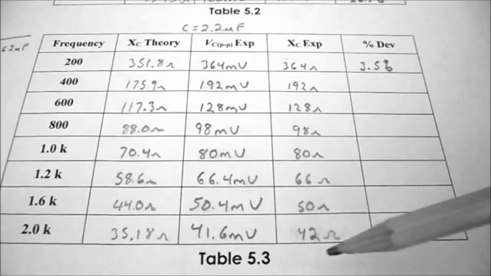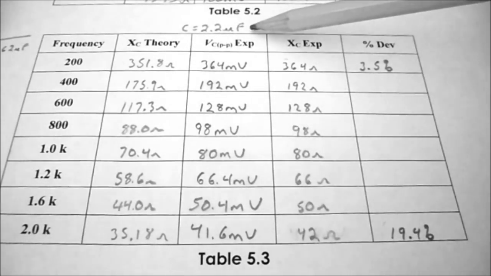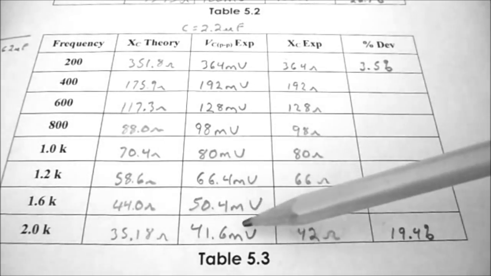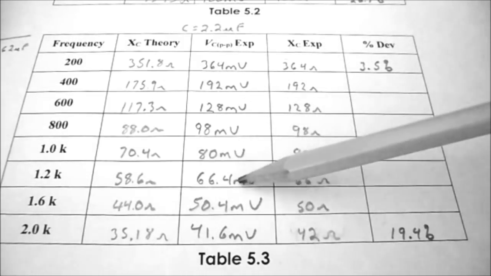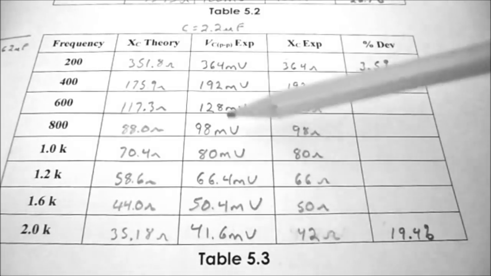I wanted to show you my results for table 5.3. This is with the capacitor at 2.2 microfarads. I've taken all my voltage readings across the capacitor, and you can see as the frequency increased, the amount of voltage drop on the capacitor decreased. That was the trend we were looking for.